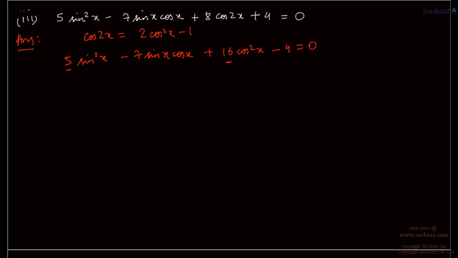So we'll just divide throughout by cos squared x. We get 5 tan squared x minus 7 sin x cos x by cos squared x, this is tan x, plus 16 minus 4 secant squared x. Secant squared x can be written as 1 plus tan squared x.